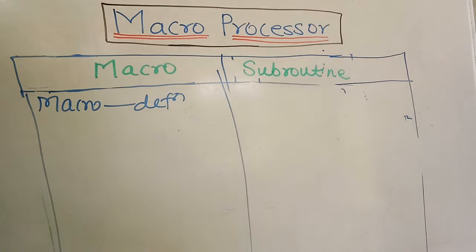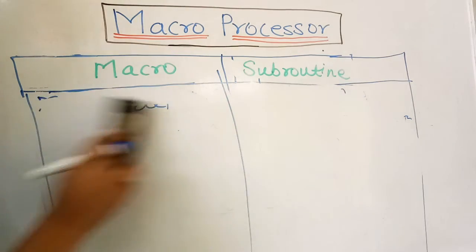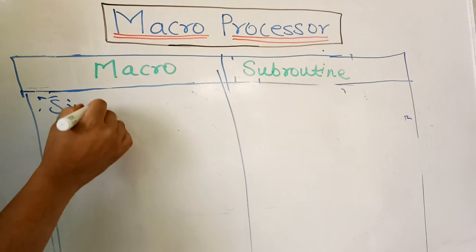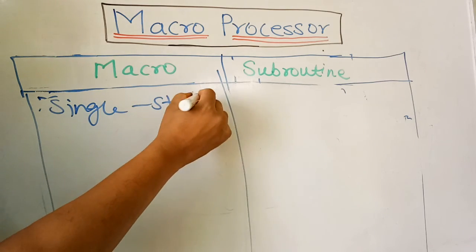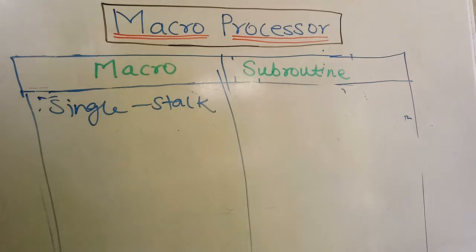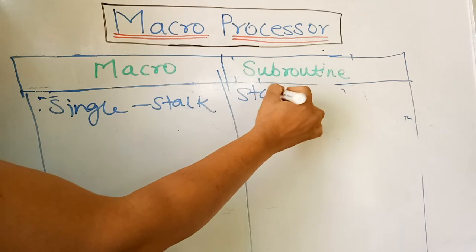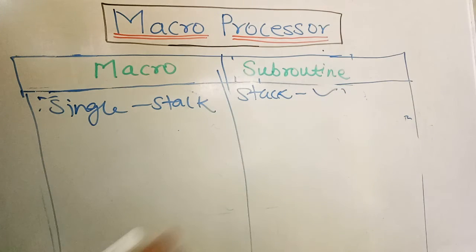Coming to the next part. A macro process does not require any stack manipulation operation during the execution of the program because it is only a single line, so it does not use the stack. But the subroutine is a bigger procedure, so this process requires stack manipulation.